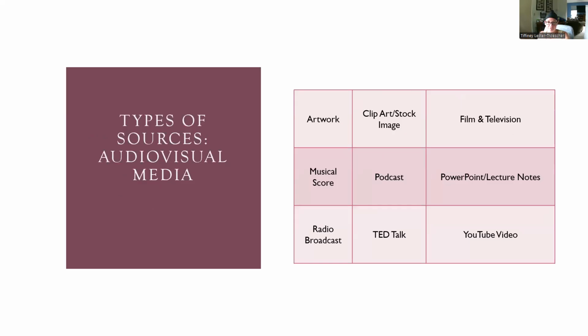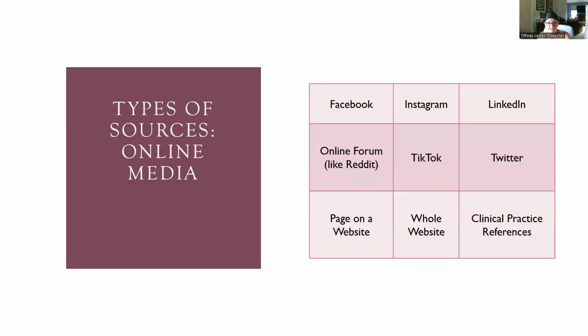Audio-visual media, right? So this would be artwork online, film and television, clip art or stock images, podcasts, TED Talks, YouTube videos, PowerPoint and lecture notes, right? Online media, you're going to think that online media refers to anything that's found online.